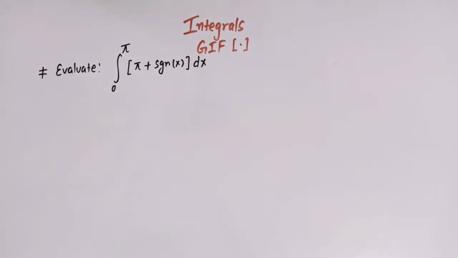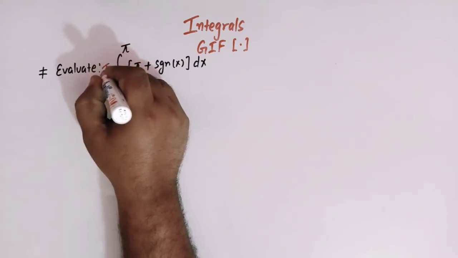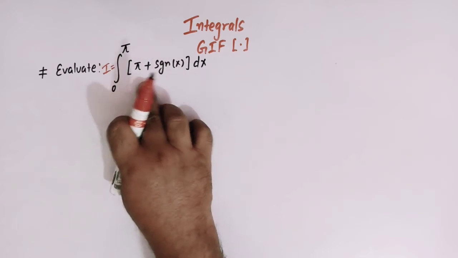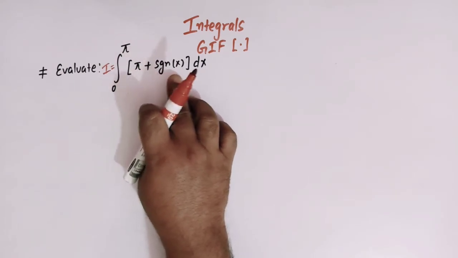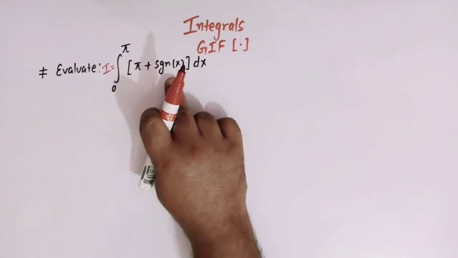So let us start. Let us first call this integral I. In the integrand we have the signum function, so let us first take the definition of the signum function.